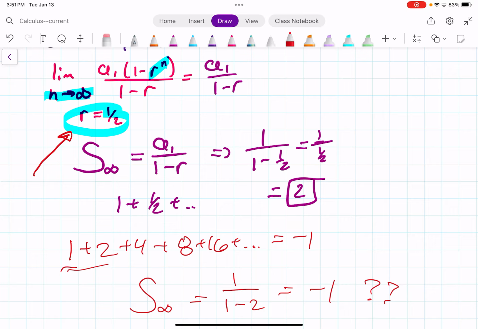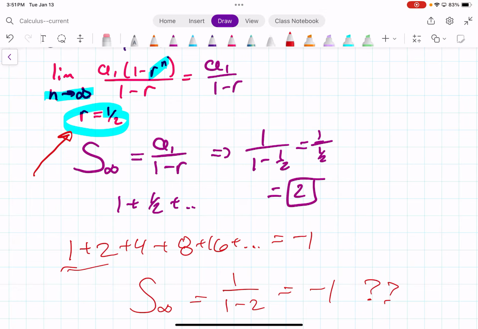Because if r is more than 1, then r to the n will go towards infinity instead of towards 0. Yeah, so r to the n is going to grow, right? So 1 minus something going to infinity is, well, not 1.